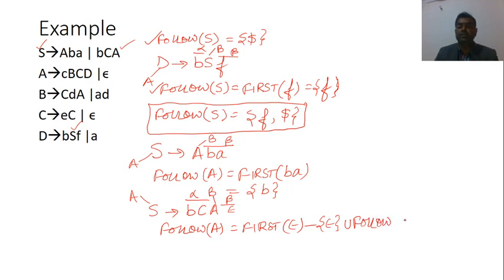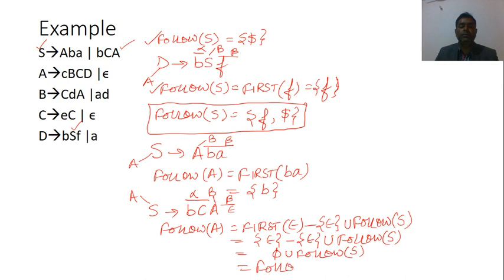A is S, so it becomes follow of S. Now it can be written as empty set difference empty union follow of S, and this is equal to phi union follow of S, and this is equal to follow of S, and what is our follow of S? F comma $. So it is equal to F comma $.